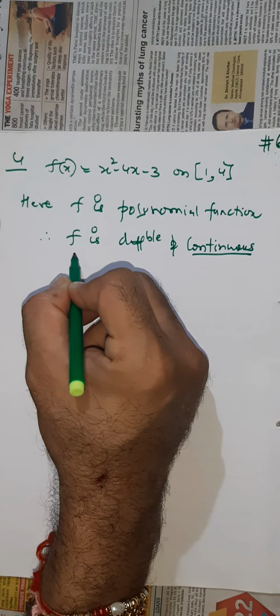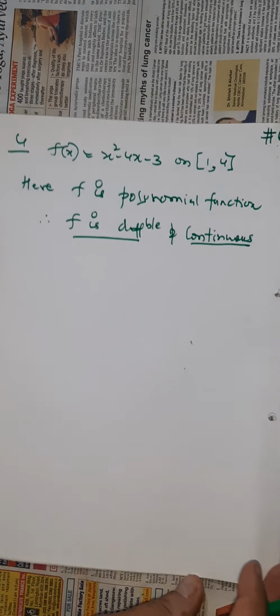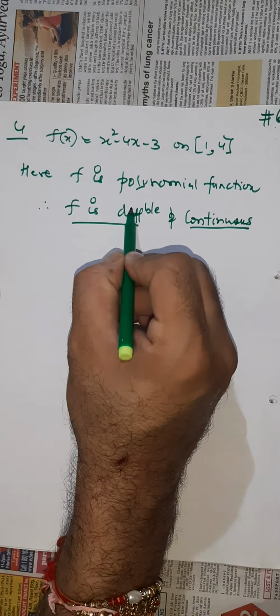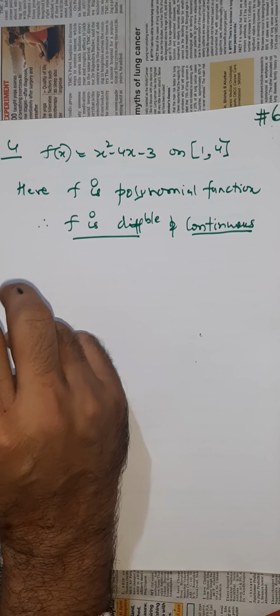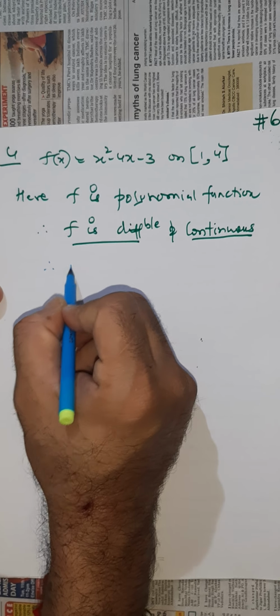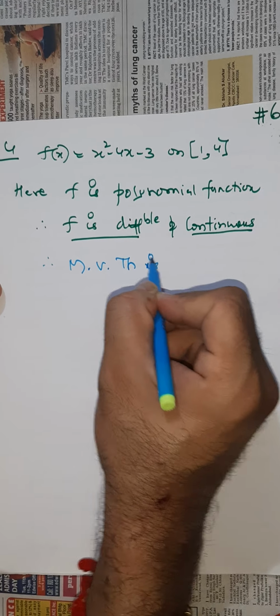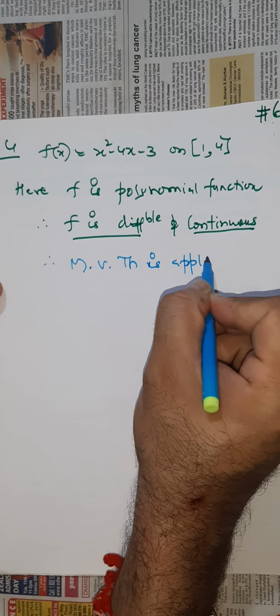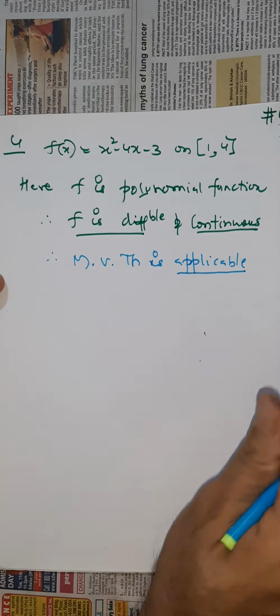You don't require the third condition here, that is f of 1 and f of 4. Remember, for the mean value theorem we just need these two conditions only. Okay, now you can write therefore the mean value theorem is applicable here. Remember, you can use the mean value theorem here.